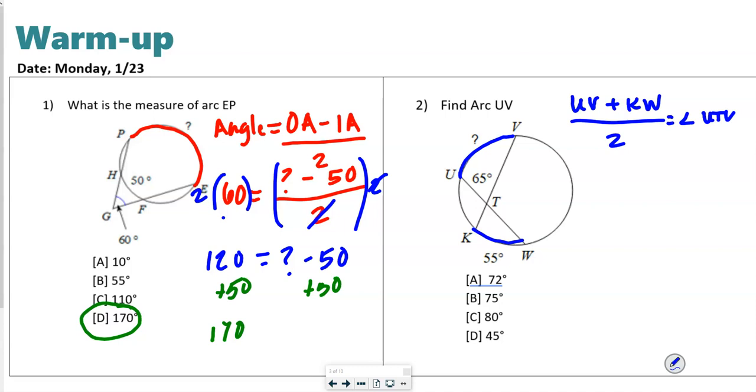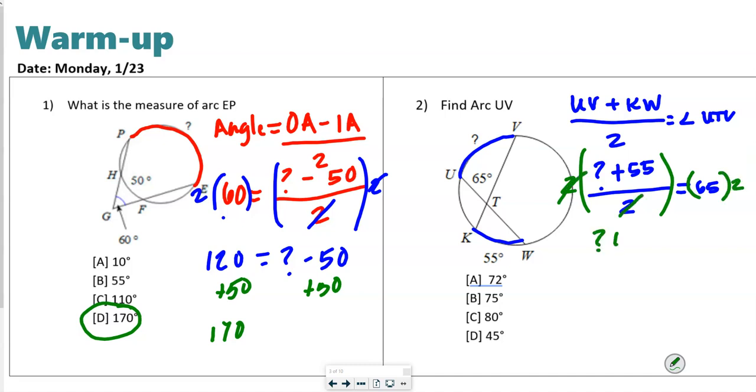So that means I'm again going to put question mark plus 55 divided by 2 is equal to 65. Here again, we're going to multiply both sides by 2 to get rid of the 2 that's in the denominator. So our 2's are gone from here, and we're left with question mark plus 55 is equal to 130, because that's what 2 times 65 is.